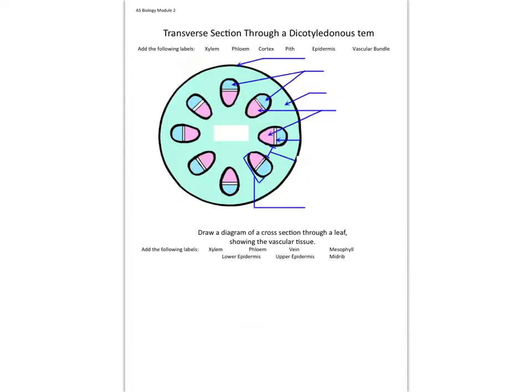This is a typical diagram of what it looks like if you were to cut through a stem. So this is in your handout that we were labelling there. So again, we've got the epidermis on the outside.